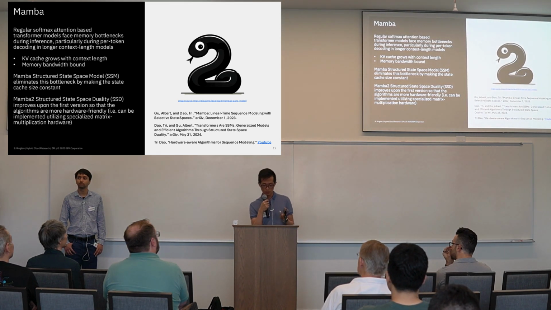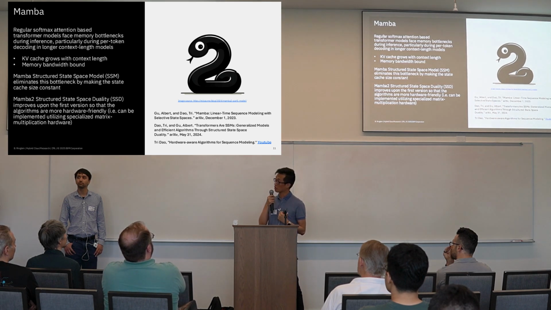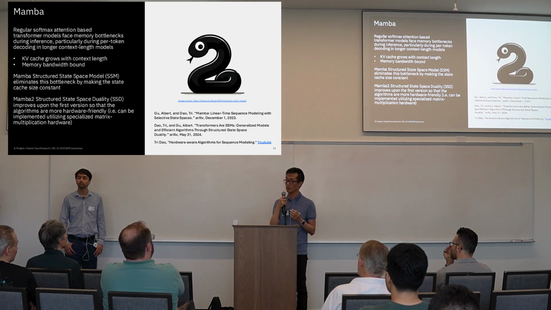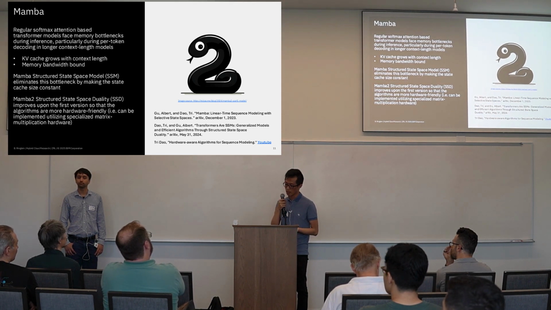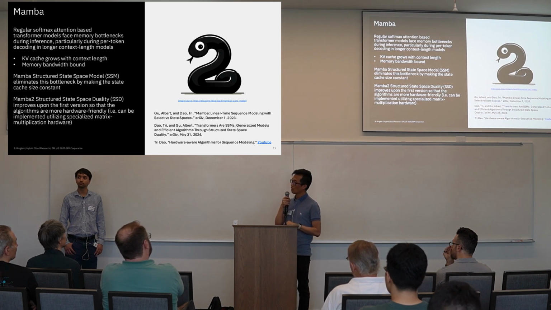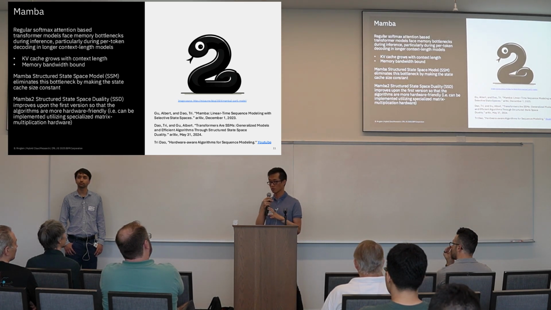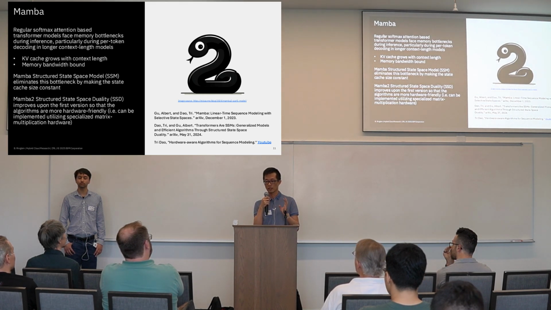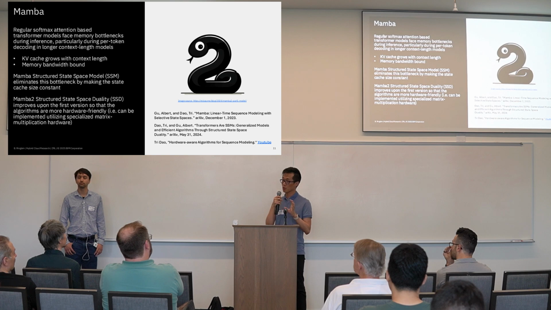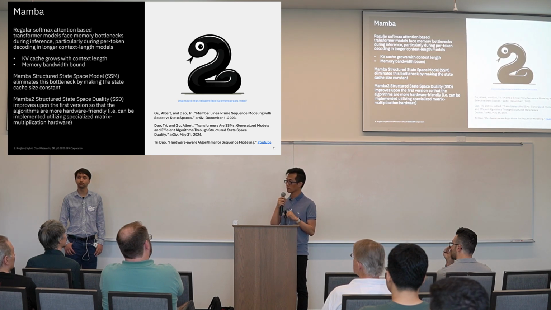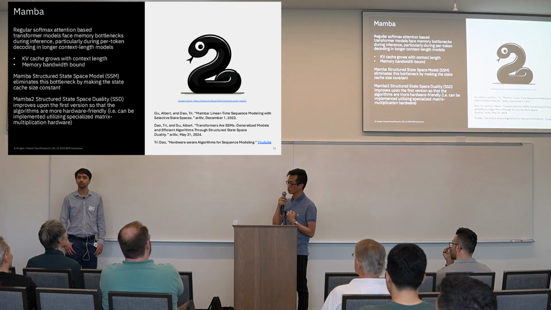And there have been 2 iterations on the Mamba architecture. In the first paper, published by Albert Gu and Tri Dao, they have this first iteration that theoretically works well, and they also demonstrated that a pure Mamba model can model language. It can do language tasks pretty well.